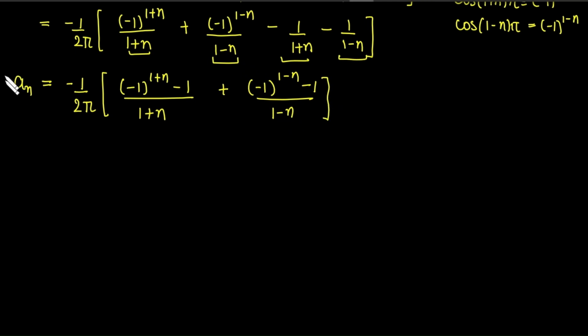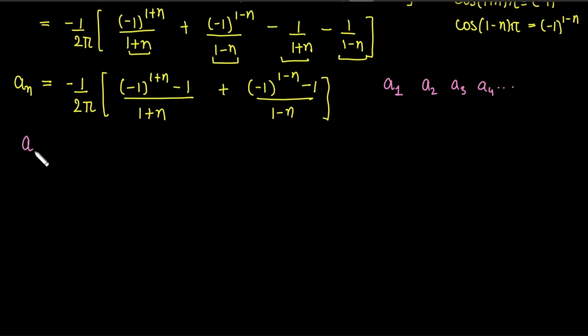Now observe whether we are getting the values of every an starting from 1, that is, can you obtain the value of a1, a2, a3, a4 and so on from this expression? Clearly observe this expression. This expression is defined for every value of n except 1. Why not for 1?